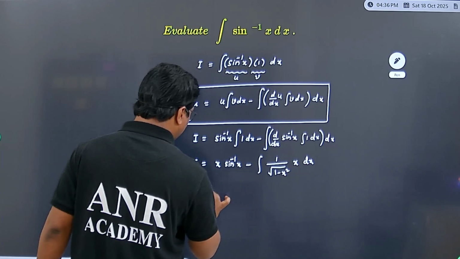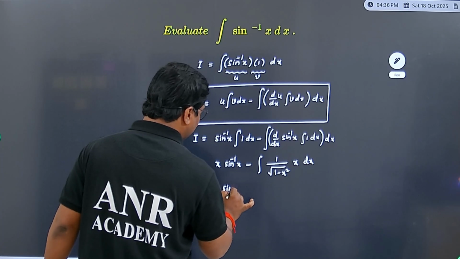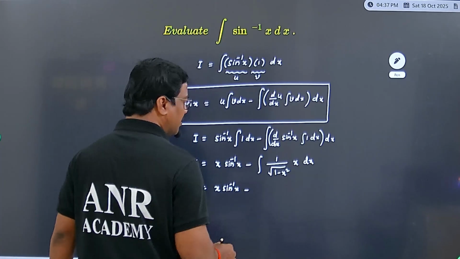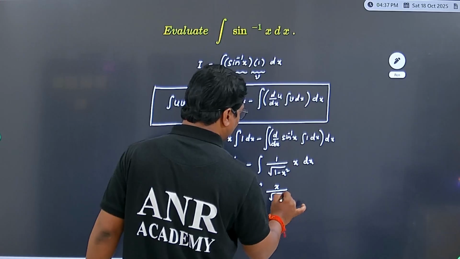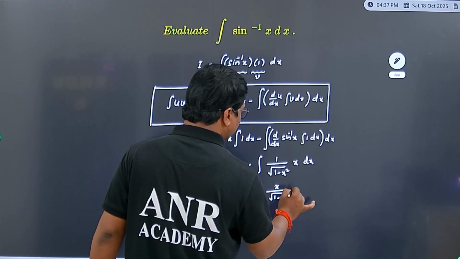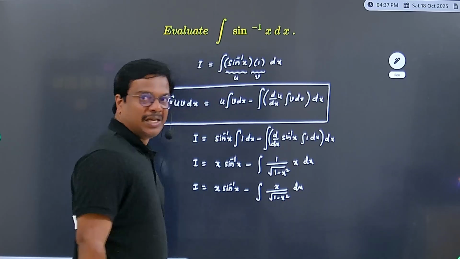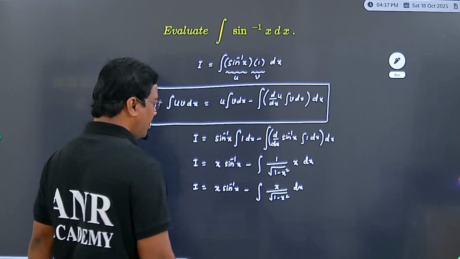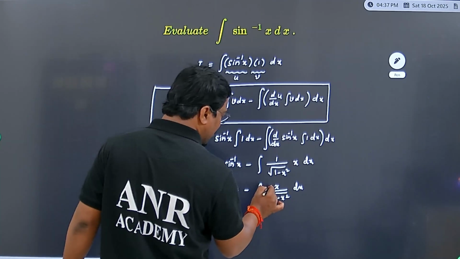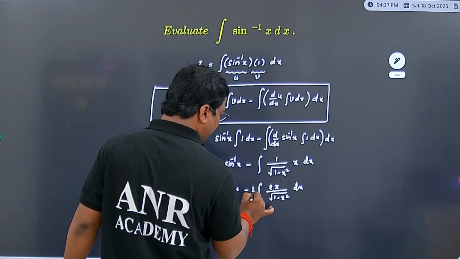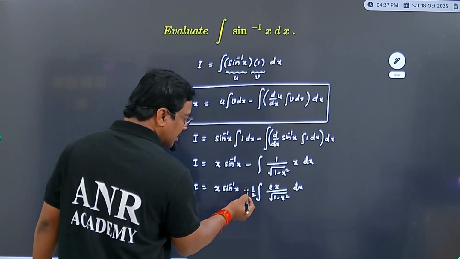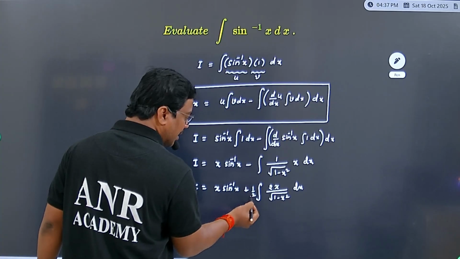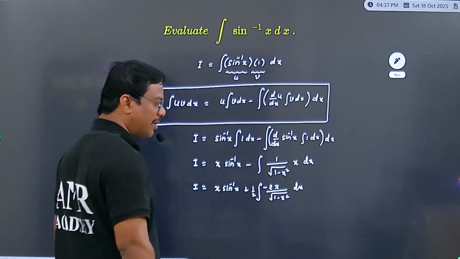Now I can write I value x into sine inverse of x minus integral x by root over 1 minus x square dx. A small change in the numerator: multiply with 2 here and divide with 2. Also change the sign by putting plus sign here, you have to write minus there.